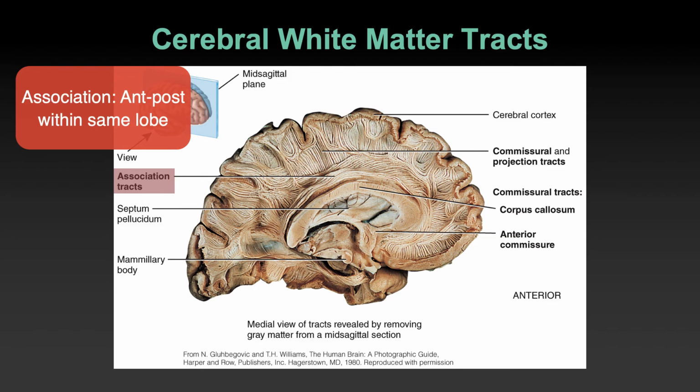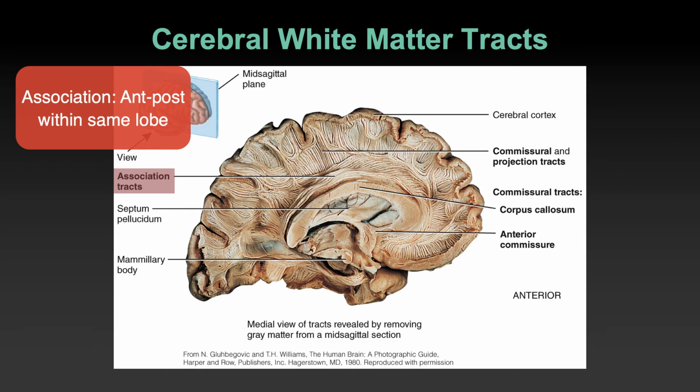The association tracts connect anterior to posterior regions within the same lobe. So the association tracts run right here above this half-moon-shaped structure. The association tracts go anterior to posterior. Oh, sorry, I had that flip.